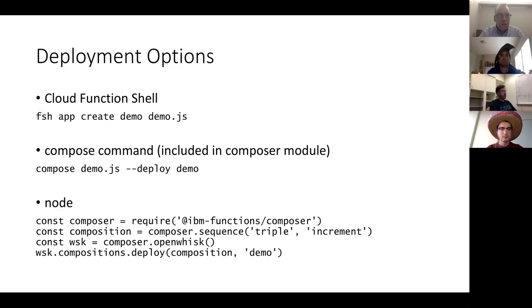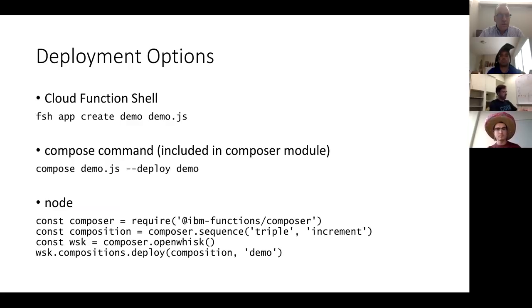In fact, this shell script is just a small wrapper around your composition code that generates something like the code at the bottom. What I'm trying to say here is that essentially you can use Node if you want to do everything. If you just want to use Node, then you have to manually instantiate the Composer module.